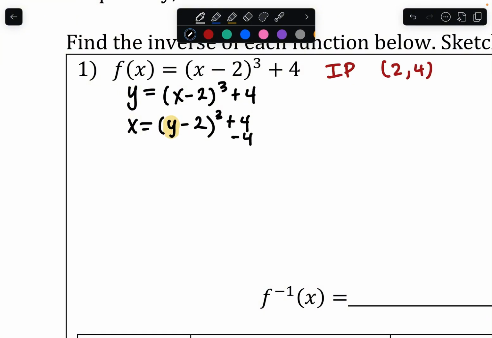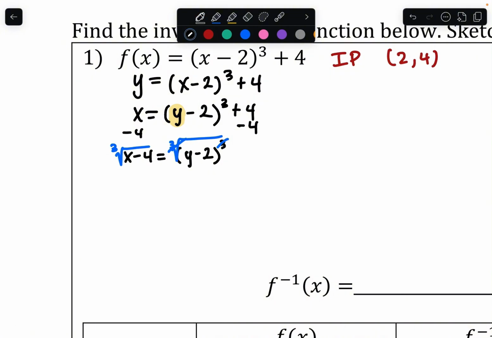So our first step is to subtract 4 from both sides. And then to undo a cube, we take the cube root. So I am going to cube root both sides. The cube and the cube root cancel, leaving me with just y minus 2 on the right side, and then we have the cube root of x minus 4 on the left.